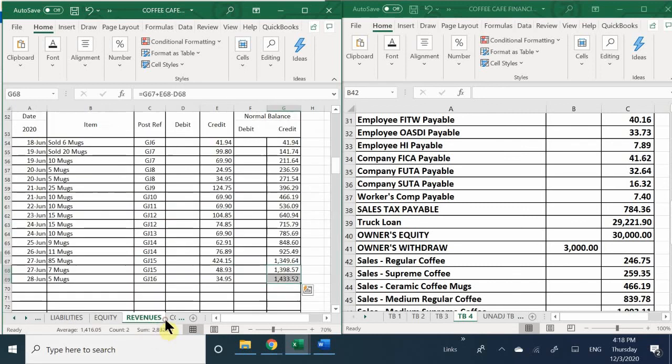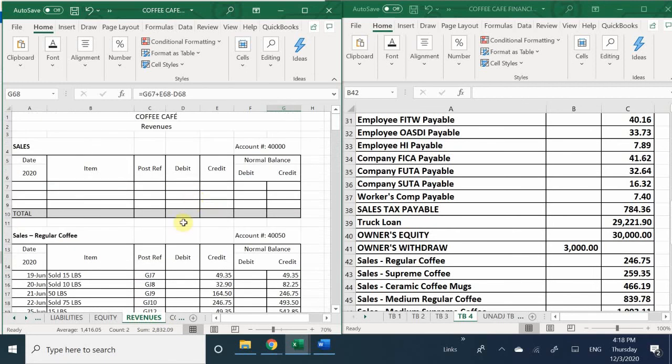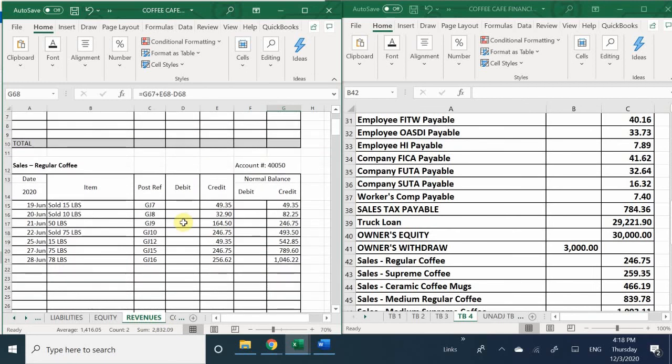Okay. So now it's revenues. Let's start from the top. Revenues, sales, regular coffee. How much is that now? $1,046.22.